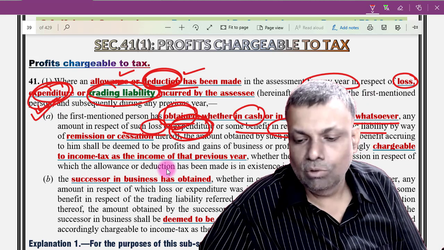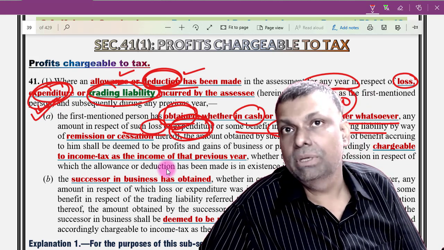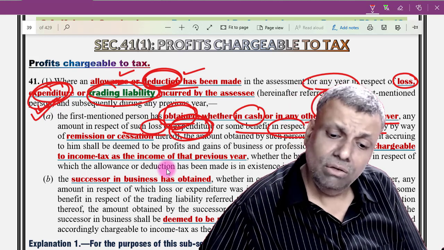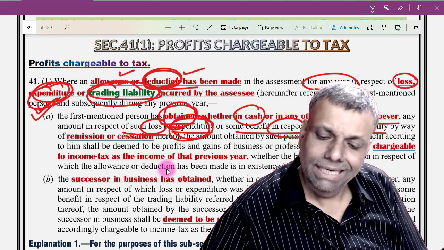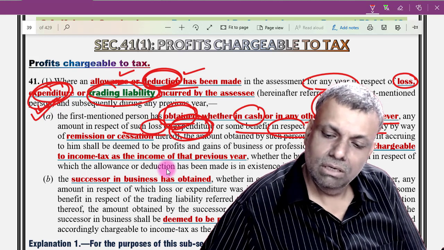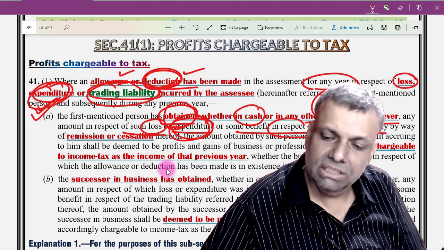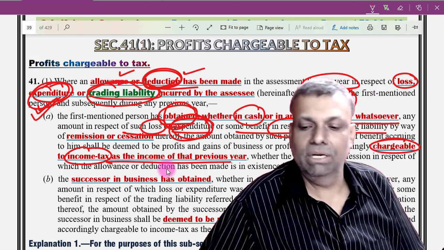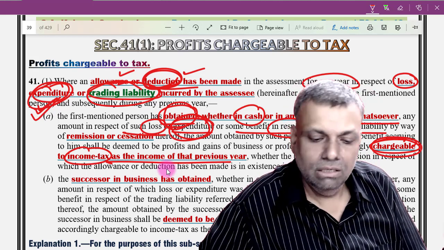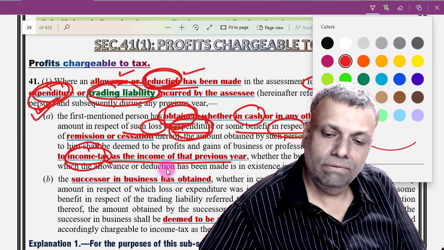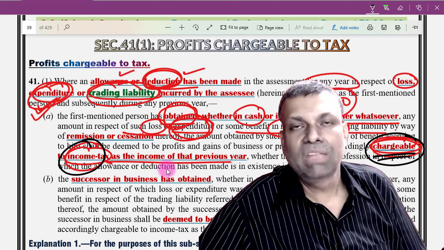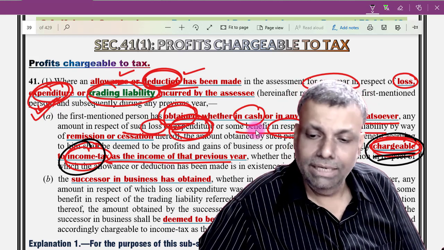You have already obtained 2,200 rupees, so 2,200 rupees is a benefit. You have got that money, and this money will be deemed to be your business income. Technically it is chargeable to income tax of that particular year. I normally call it a deemed income.